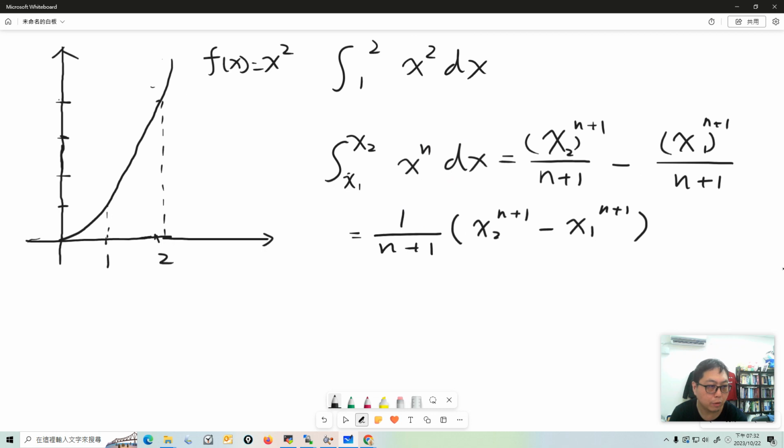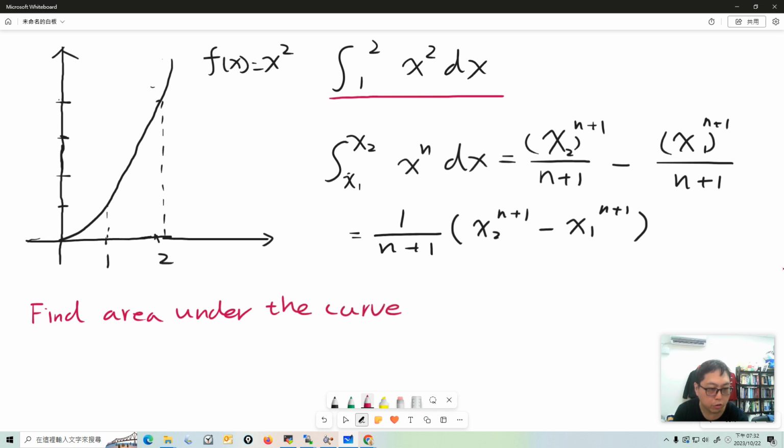Like I said, we want to find the area under the curve of x squared between 1 and 2.